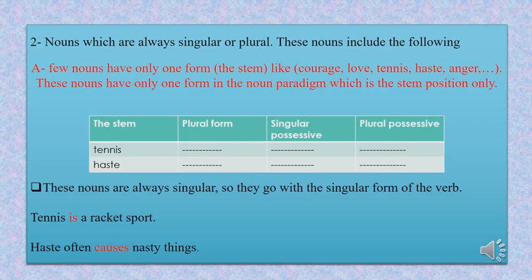For example, tennis is a racket sport. Notice the verb after tennis is is. Haste often causes nasty things. Haste is the subject. Causes is the verb. Notice that with causes we have S third because haste is singular. So these nouns are always singular and they take the singular form of the verb.